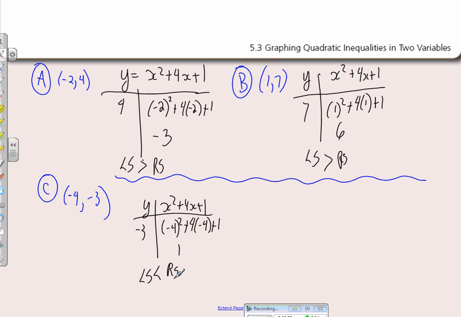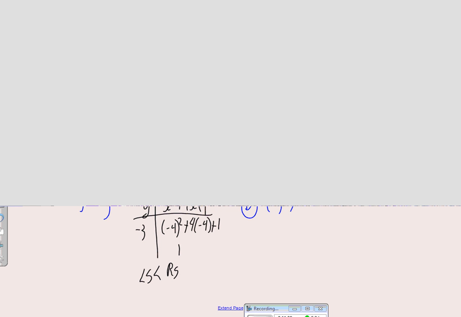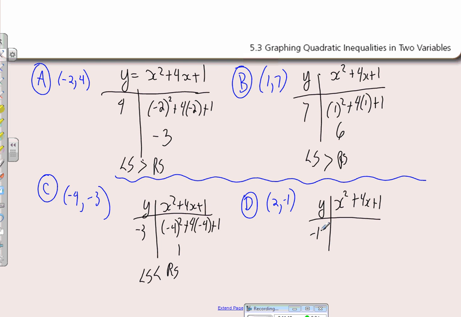And then we pick our point D, which we pick to be 2 and negative 1. And work that through. So negative 1, and then 2 squared plus 4 times 2 plus 1. This side working through gets us to 13. So again, left side is less than right side.